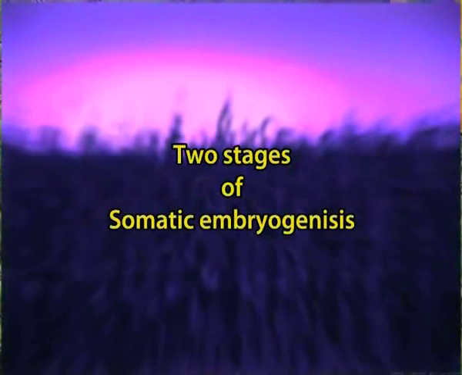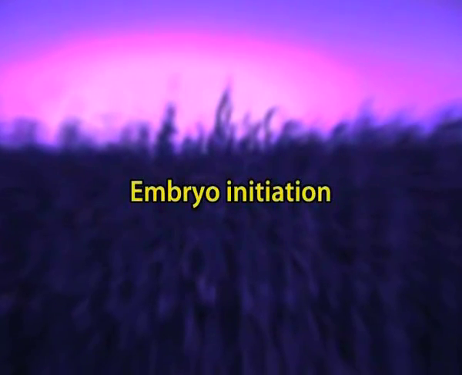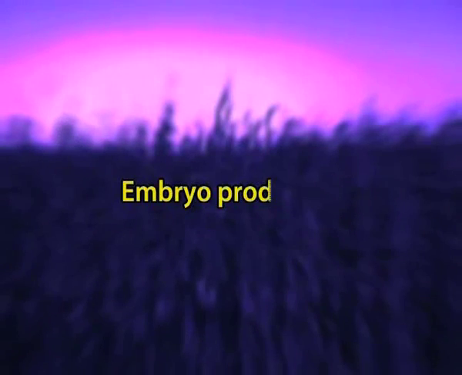Somatic embryogenesis can be divided into two stages. The first stage is the stage of embryo initiation, in which a high concentration of 2,4-dichlorophenoxyacetic acid is used. The second stage is the stage of embryo production.